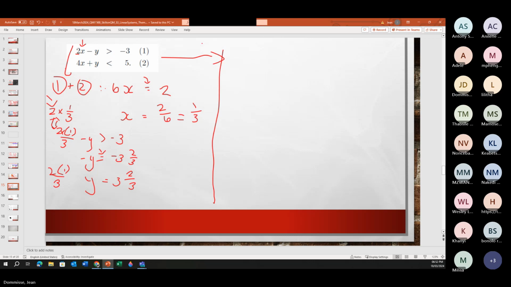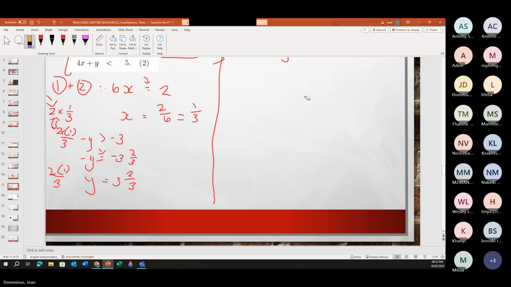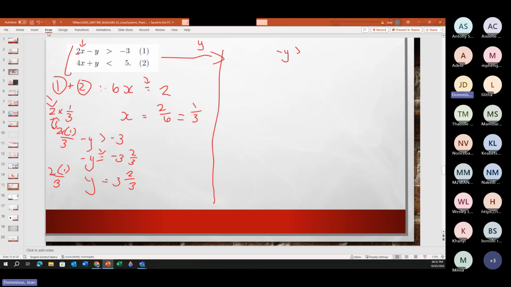Okay, so they might have asked you to simplify these two equations and said, let's make y the subject of the equation. So the first one then is to say, okay, minus y is bigger than minus 2x, so we will take that over to that side, minus 3.